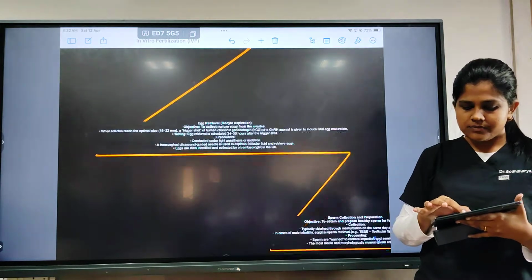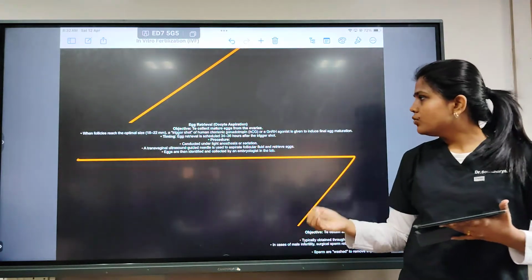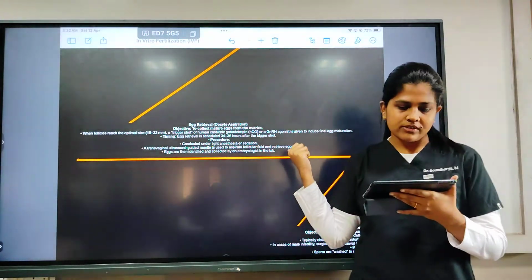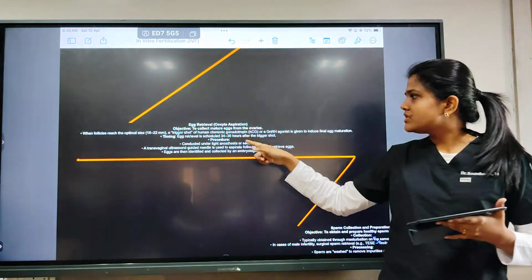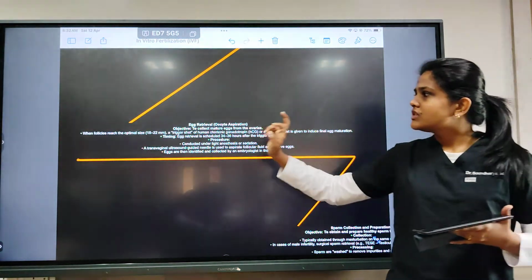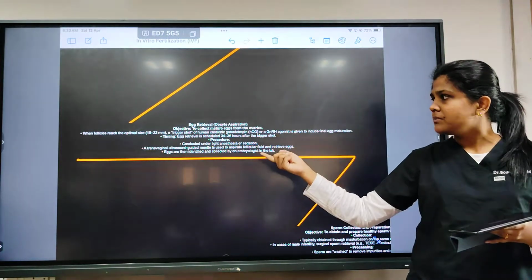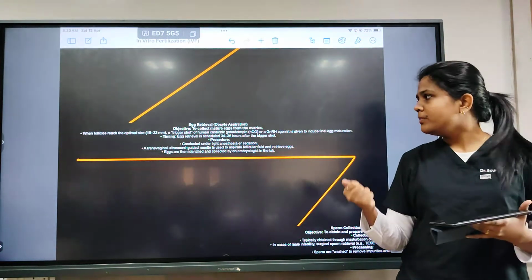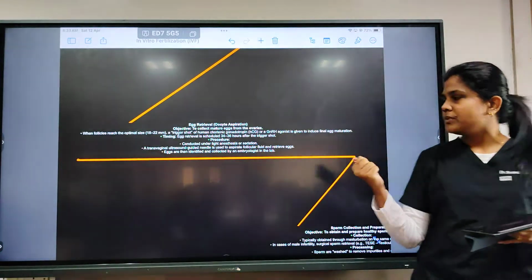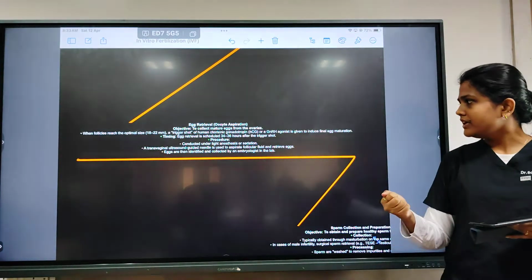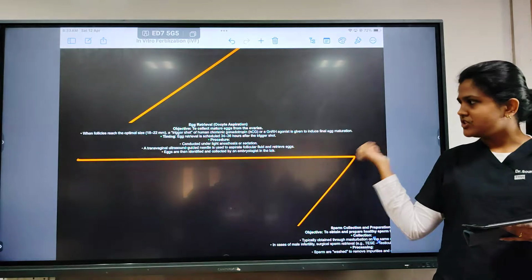Next is the egg retrieval, which is the oocyte aspiration. The objective is to collect mature eggs from the ovaries. When follicles reach the optimal size, which is 18 to 22 mm, a trigger shot of human chorionic gonadotropin, the HCG, will be given to induce the final egg maturation.